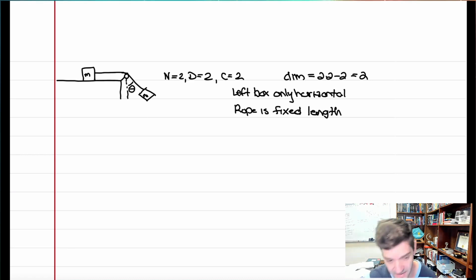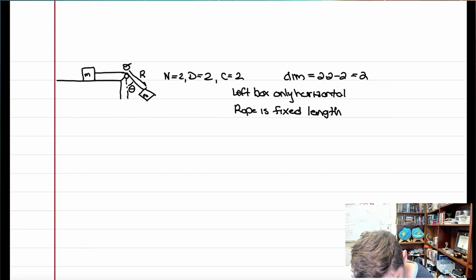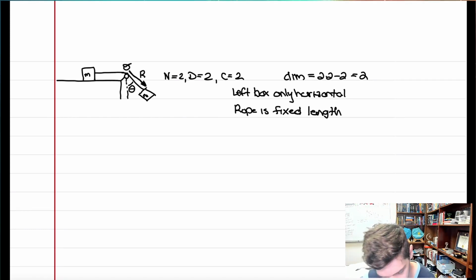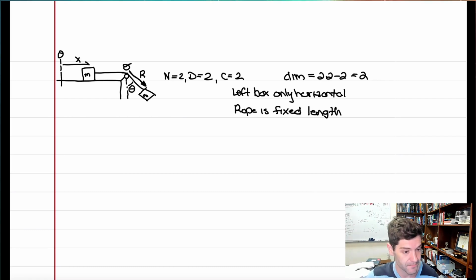And what those coordinates are, I now have to think about what would make the most sense. Well, since the hanging box is swinging and it has some distance r from the pulley, I might put my origin for that box at the pulley, and then polar coordinates might make the most sense for writing down what's going on with that hanging box. But then for the horizontal box, I might have my origin here, and then I can specify its location by some x value.